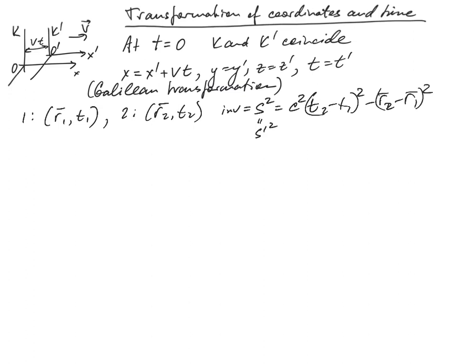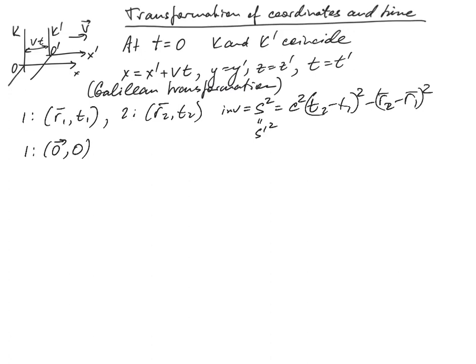So in order to figure out how the coordinates transform, let's pick the following two events. Event number 1 is simply the location of the origins of the two reference frames, K and K prime, at the time when they coincide.